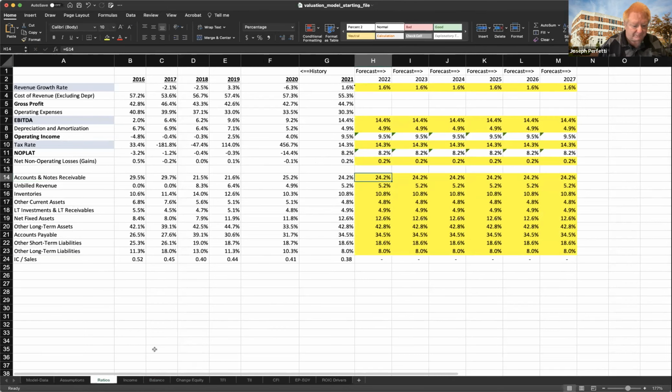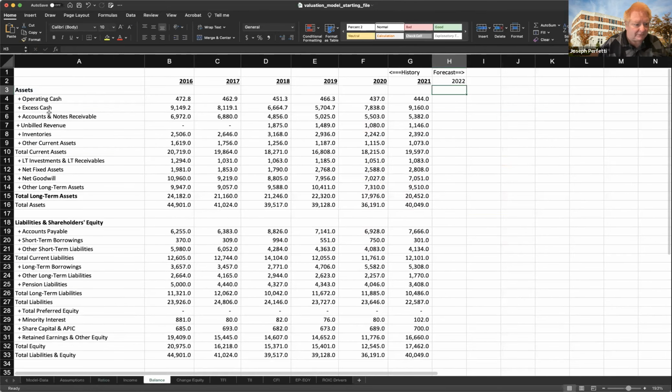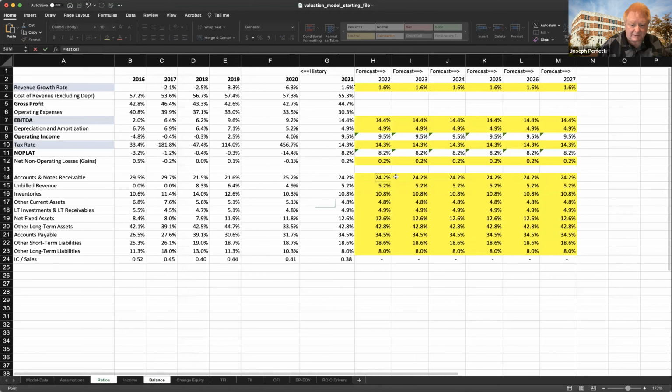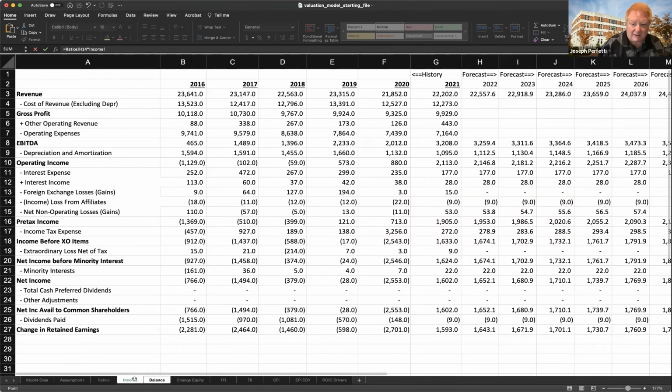And the first item that we're going to forecast in the ratios is accounts and notes receivable for 2022. It's going to be right here, row 6. So basically equals, from the ratios, 24.2%, which is H14 on the ratios tab, times from the income tab 2022 revenue, which is H3, 22,557.6.